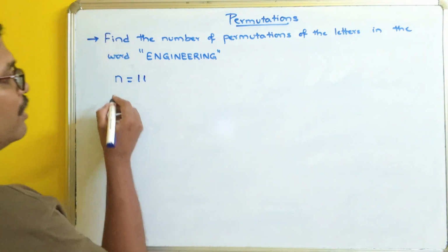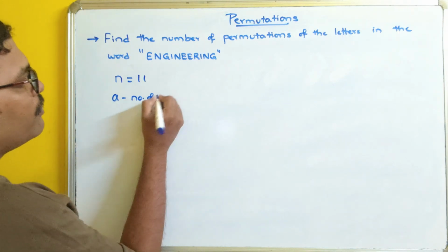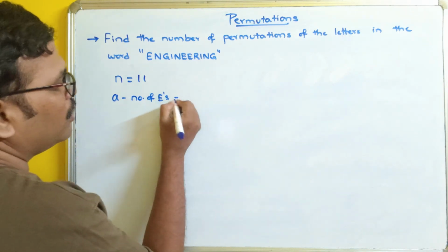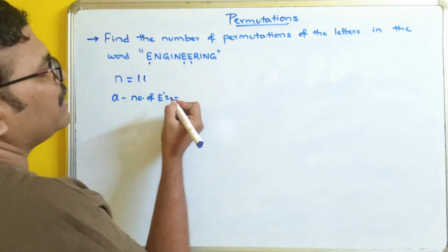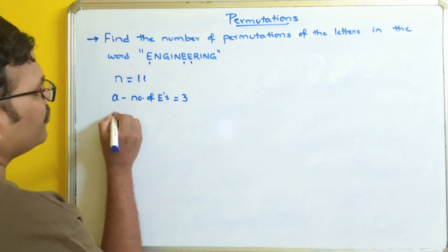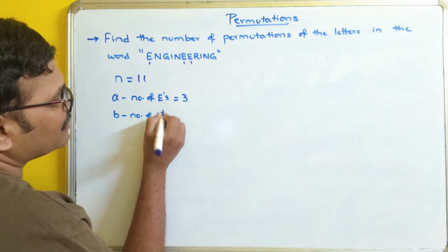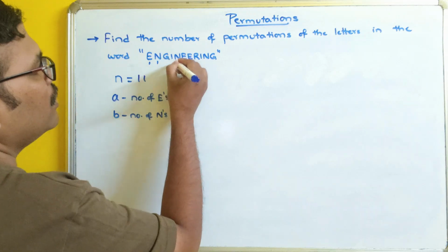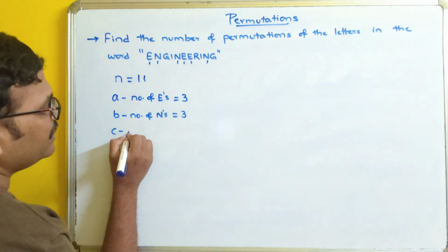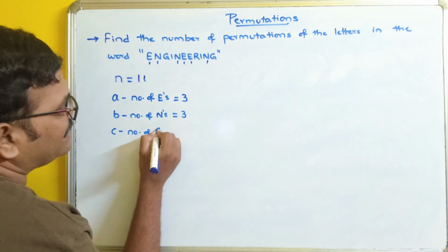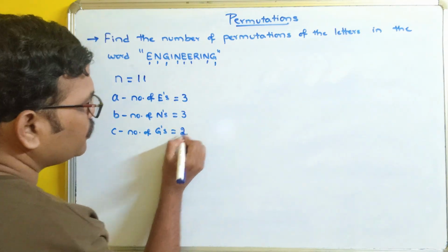And a, which is the number of e's: 1, 2, 3. So 3 e's. And b, which is the number of n's: 1, 2, 3. 3 n's. And c, the number of g's, capital G's: 1, 2. It is 2.